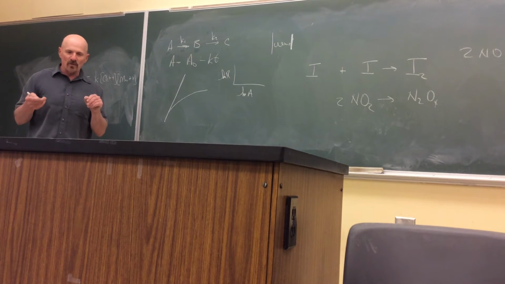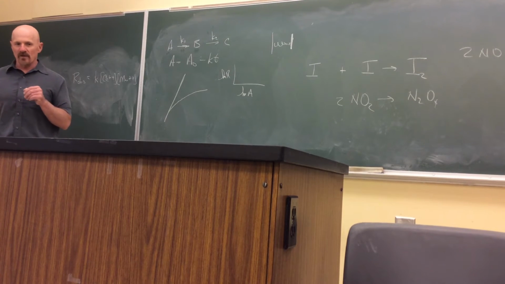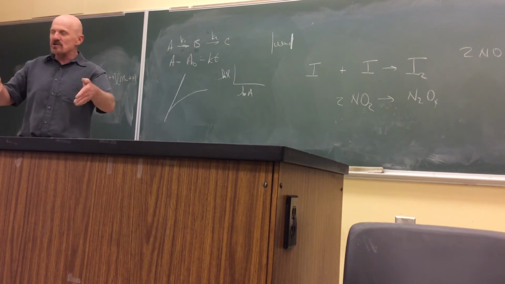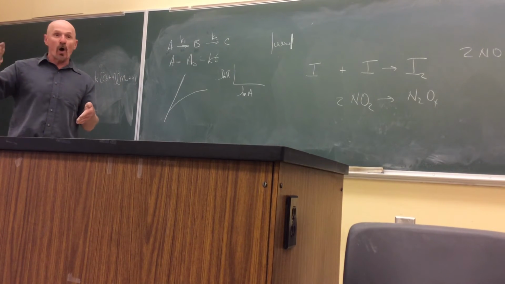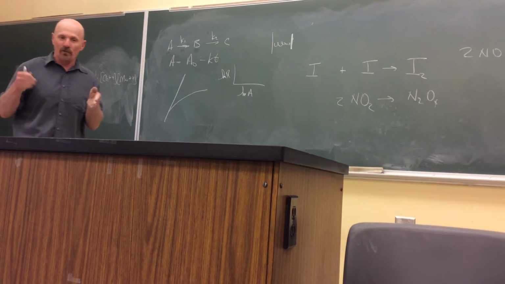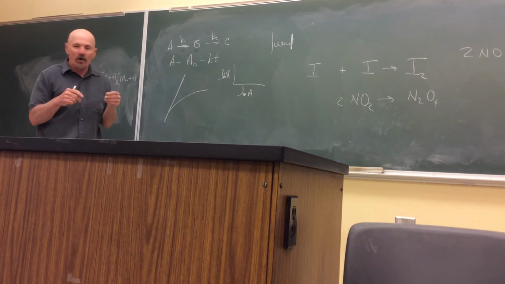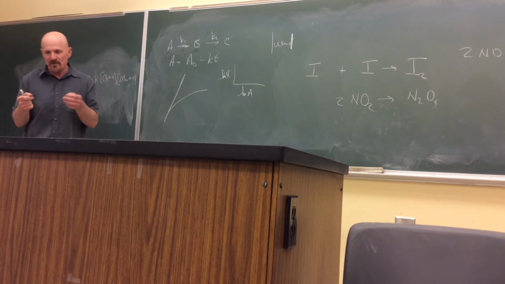The other method was a fast equilibrium approach. It says if I write a reaction mechanism and identify one of them as being a slow step, and we can do that for a variety of different arguments. You can argue one is a slow step by different schemes.